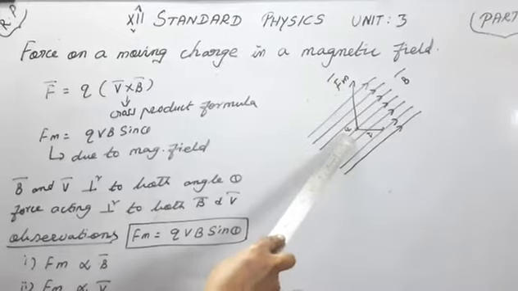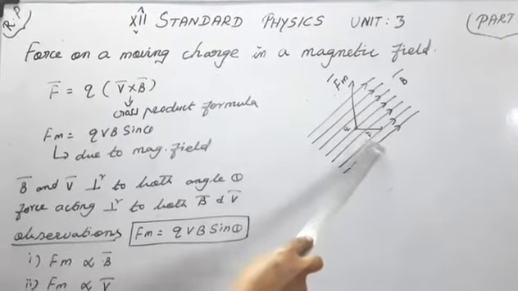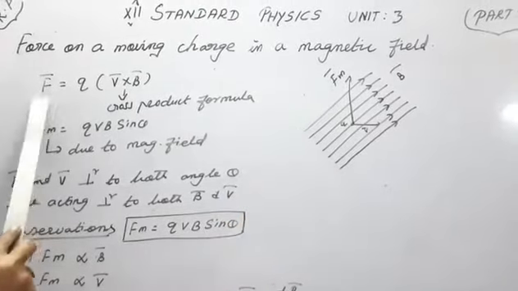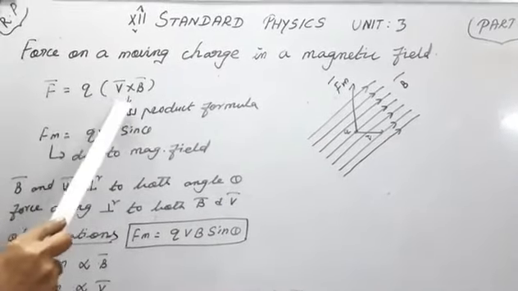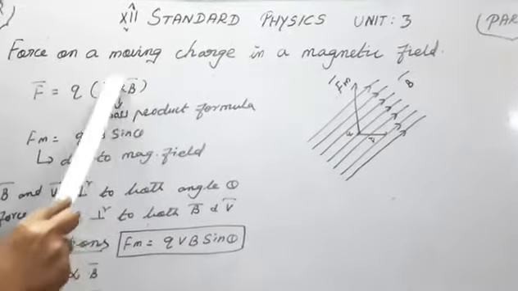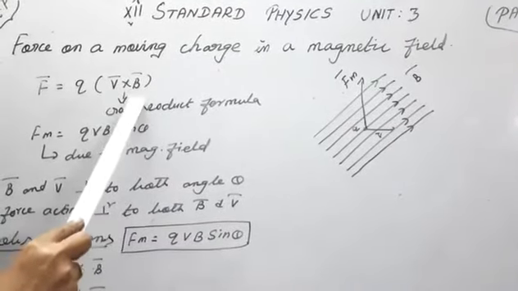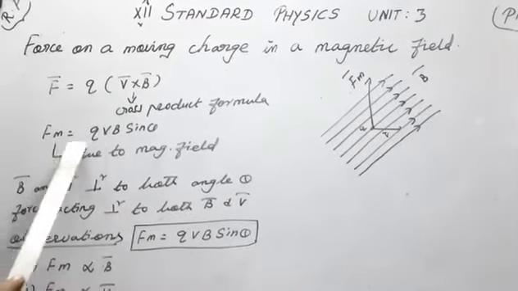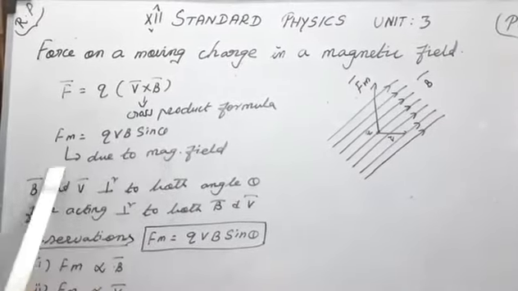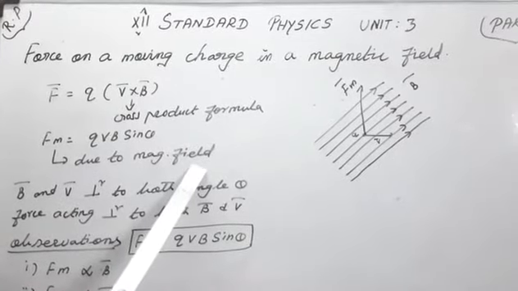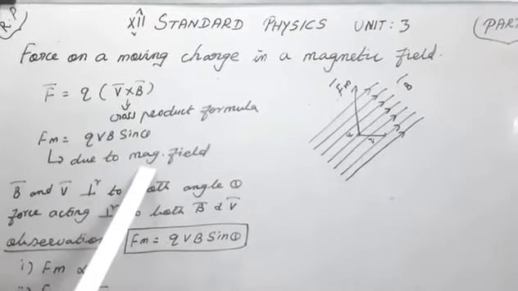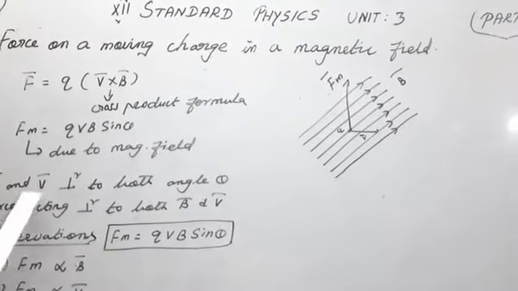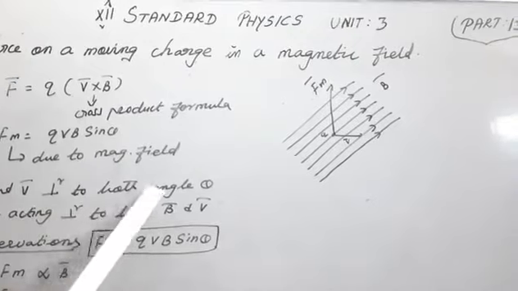This force is perpendicular to both v and B, that is, in this direction. This is Fm. The force experienced is equal to q v cross B, because of the Lorentz force. Writing the cross product, we get q v B sin theta. Here Fm is the force experienced due to the magnetic field. Now, the magnetic field and the velocity are perpendicular to each other.